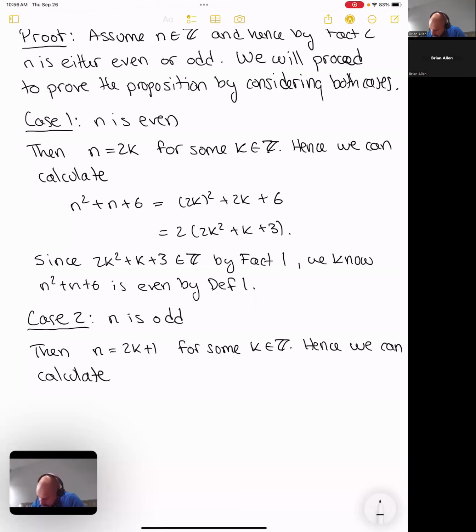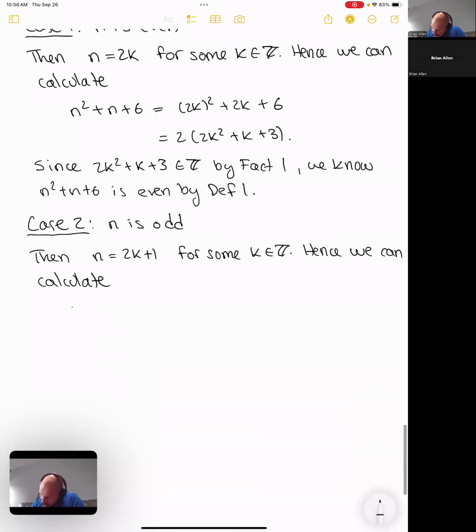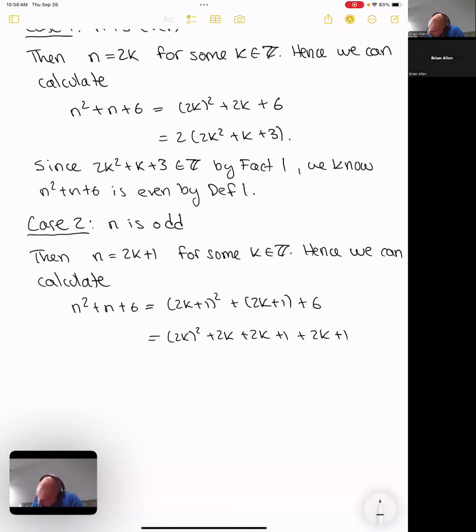Okay, so now we have to do the calculation in the odd case. So we look at n squared plus n plus 6. We notice that the odd case is slightly more of a calculation, but that's okay. So now maybe we write out a little bit more here. So we get (2k plus 1) squared plus (2k plus 1) plus 6.